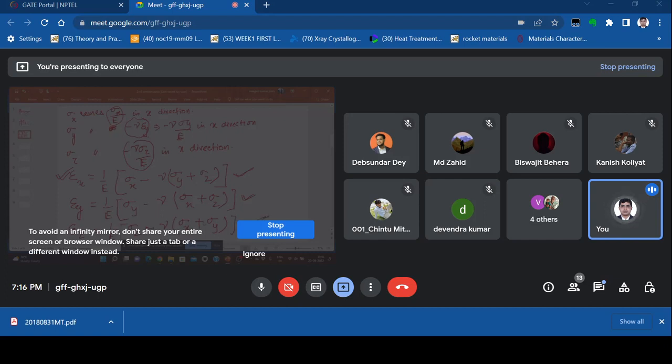This is the total strain in z direction. Okay. So now, what is volumetric strain? That is basically for very small strains in the elastic limit.